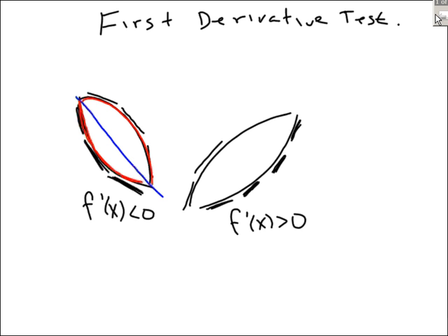The slopes of all the tangent lines, and yes, they should be a little bit closer, are all positive. Again, anything that looks like that, the slopes are all positive. f prime of x is greater than 0.